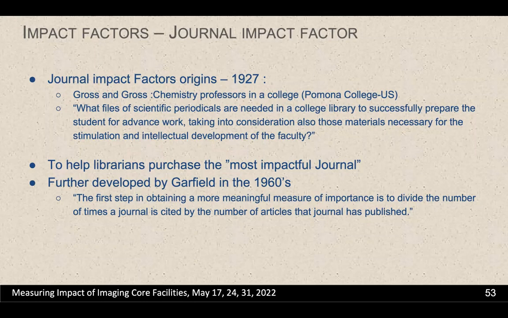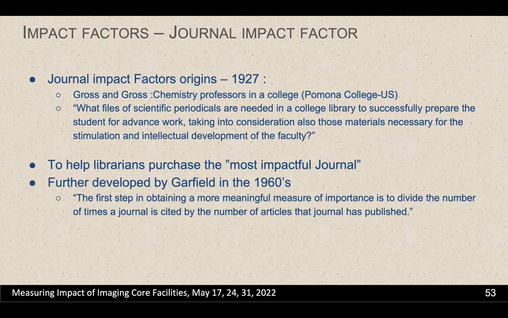It was further developed by Garfield in the 60s, also one of the Science Citation Index founders. The first step in obtaining a more meaningful measure, if important, is to divide the number of times a journal is cited by the number of articles the journal has published. I'll explain in the next slide why it's important.